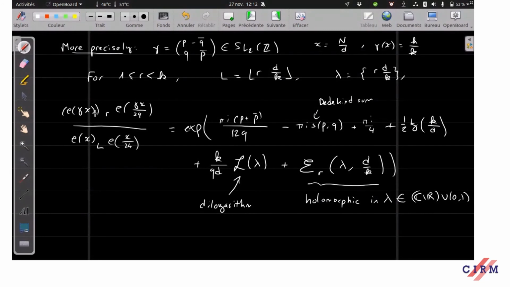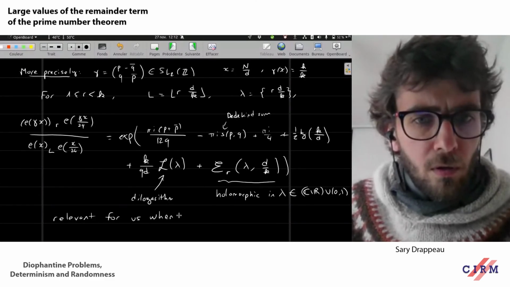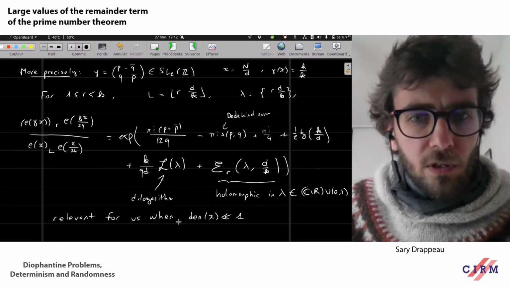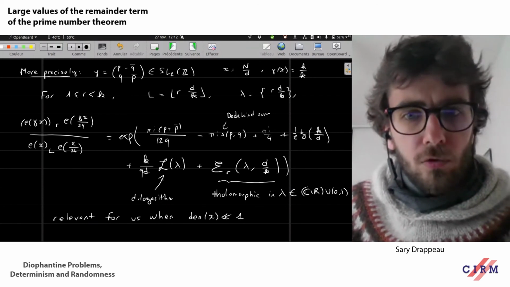But this is not the infinite product, it's a finite product. And even by taking finite products, you still have a formula which is useful. And it's useful for us when the denominator of x is bounded. This is a case when we can control the error term.